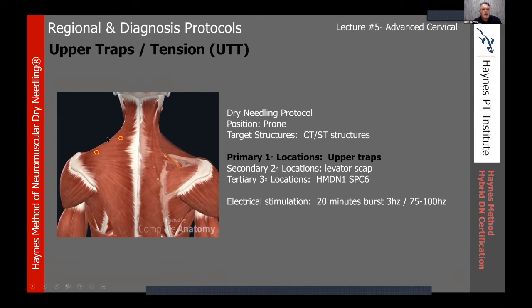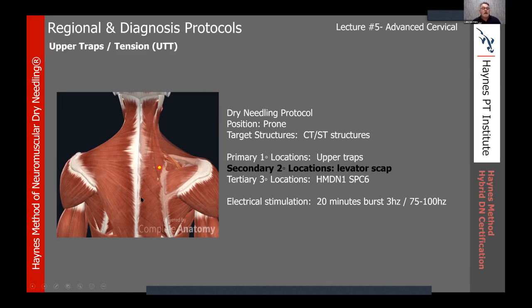So typically we'll hit the upper trap one spot right in the middle, but there are technically, if we look at trigger points, two identified trigger points according to the big red books. One a little bit more lateral towards the acromion, and then one a little bit more proximal. So if I'm dealing with tension, I probably will take one lateral and one a little bit more medial for my upper trap, get a little bit better bang for my buck.